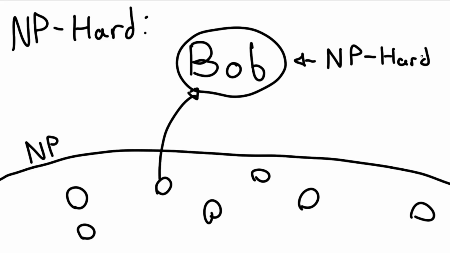So an NP hard problem is a problem where every NP problem can be converted into Bob, NP hard.